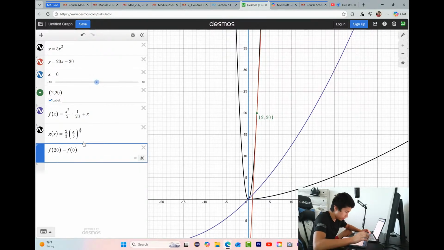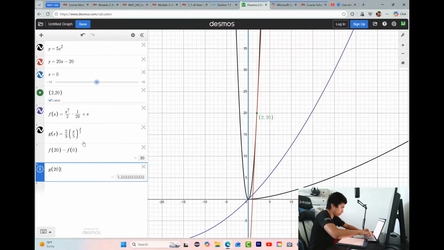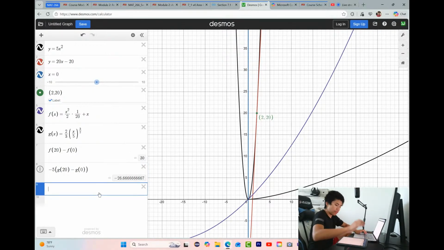We have 30. g of 20 minus g of 0 is 5.33, and so on. And we now multiply all of this by -5, and I really hope I'm correct about that. And then what do we do with these? We subtract them.